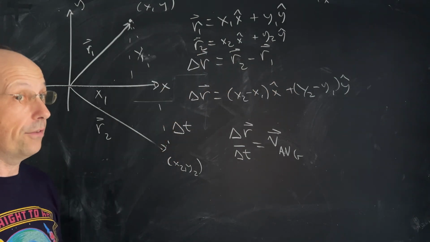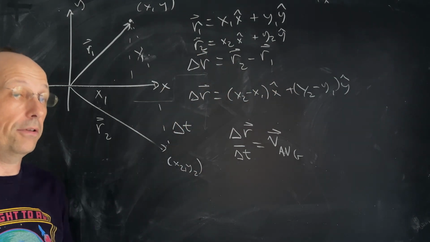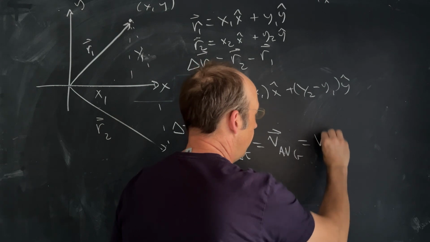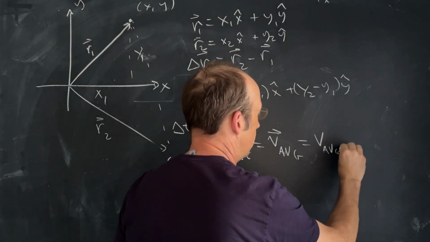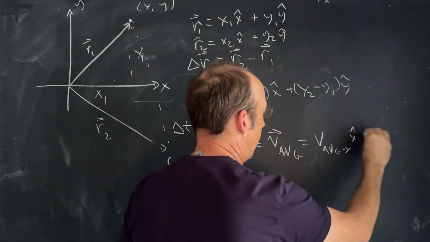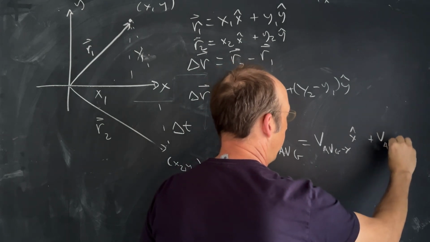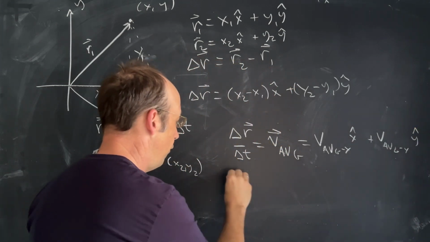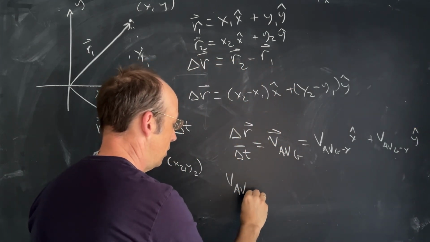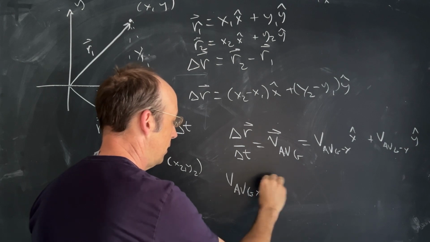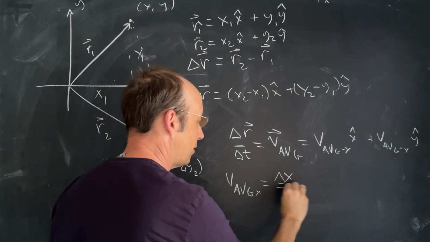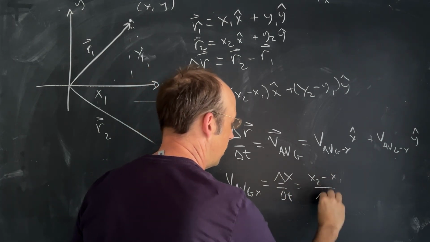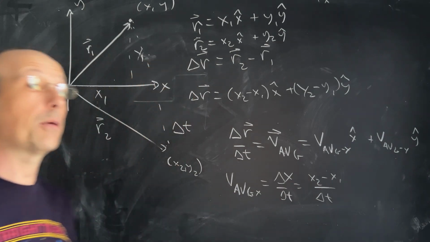If I divide by a scalar, I divide each of those components by the scalar too. So actually, we can write the average velocity as v average x, x-hat, plus v average y, y-hat, where v average x is delta x over delta t, or x2 minus x1 over delta t, just like before.